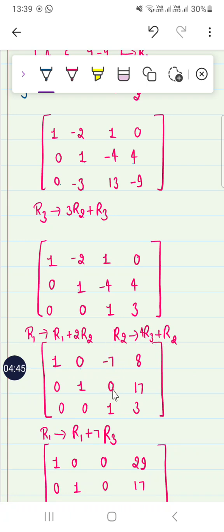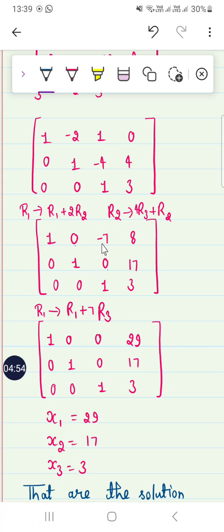This makes the system 0 everywhere else, with 1, 1, 1 on the diagonal. Now we have to make the remaining entry 0 as well, so we take 7R3 plus R1. So this becomes 1, 1, 1 on the diagonal, and all other entries are 0, with B1, B2, B3 on the right.